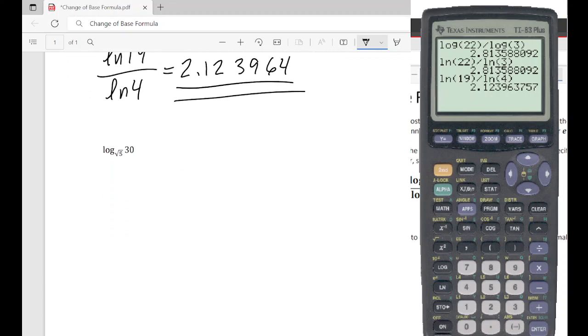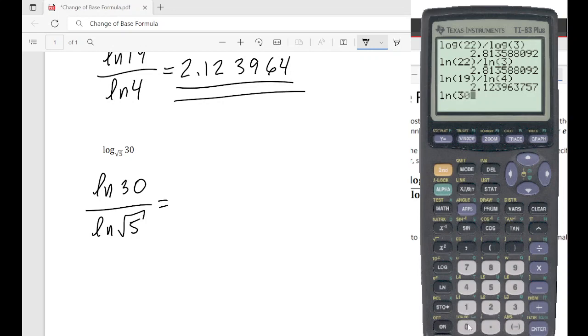And here we have log base root 5 of 30. The root seems weird. Seems to be a little bit scary, but again, it's just there to spook you. It doesn't do anything special. When we use our change of base formula, we're just going to get ln 30 over ln root 5. Again, I have no idea what that is. It doesn't really matter because the calculator does.